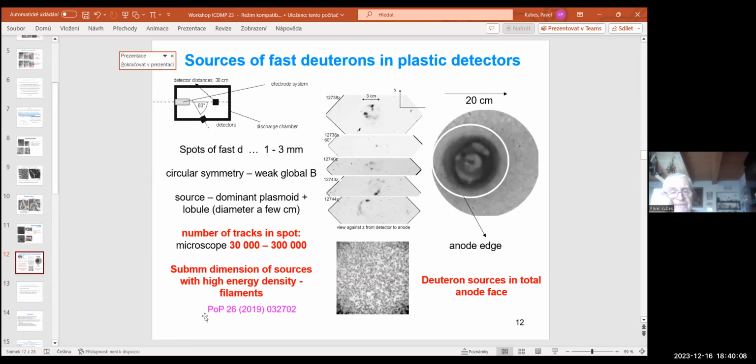So in this slide, we see connection between filaments and sources of fast particles. The sources of fast particles, of fast neutrons, was observed in pinhole camera, and they are seen as very small point sources.